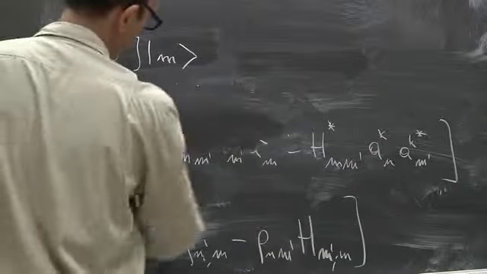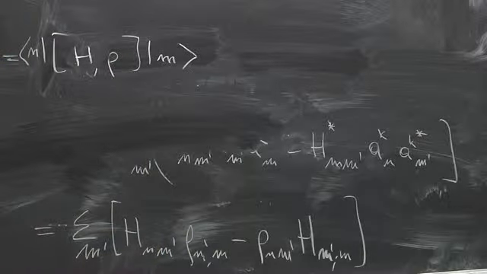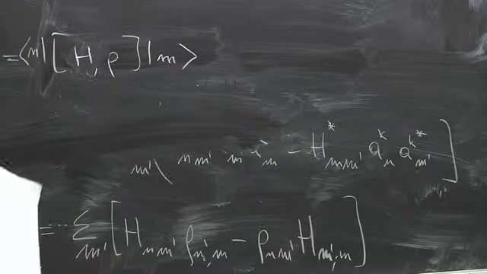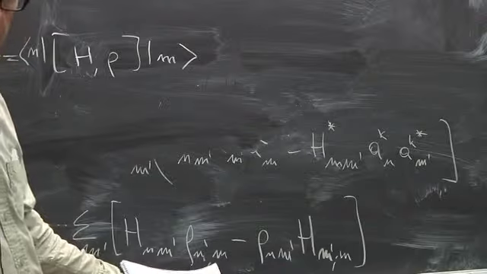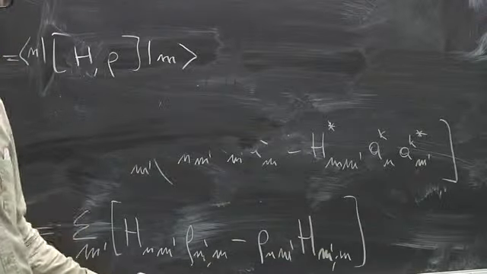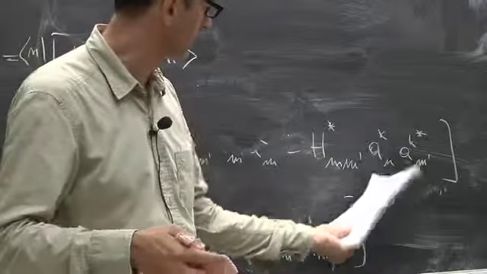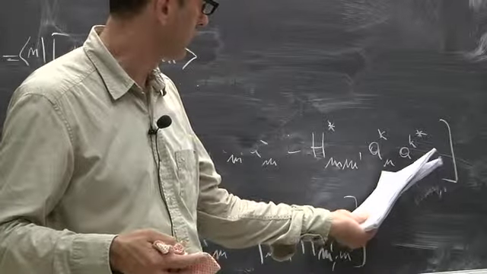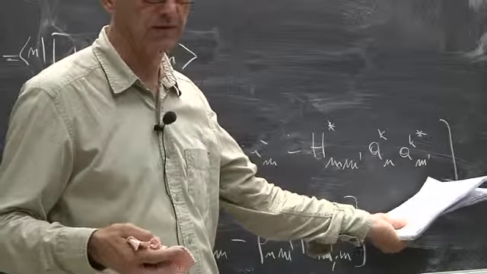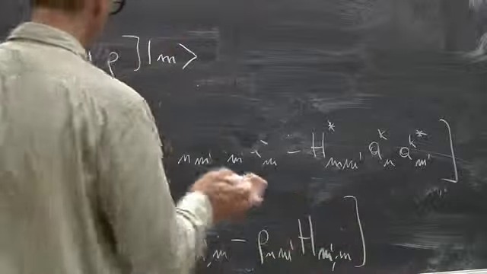The 1 over N goes in the definition of rho: 1 over N, the sum over k of this object, gives you rho n m prime.